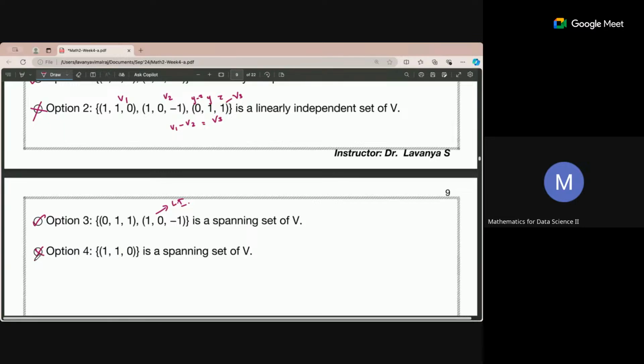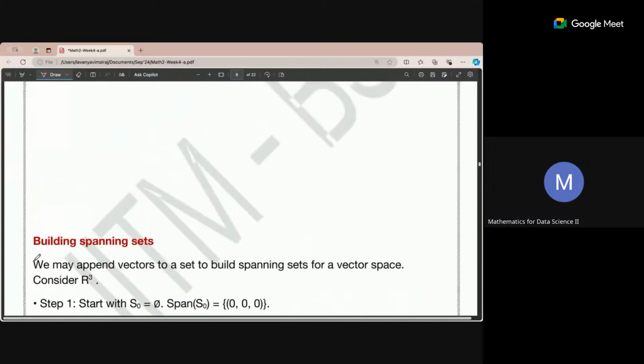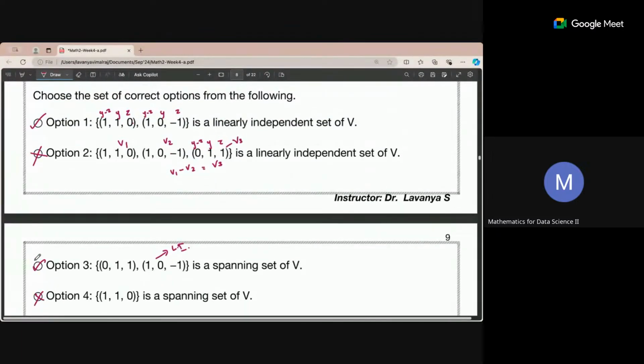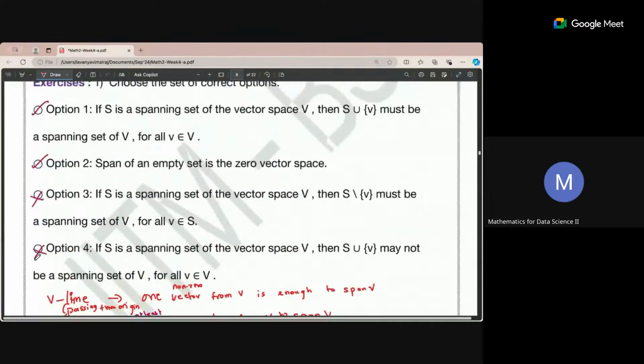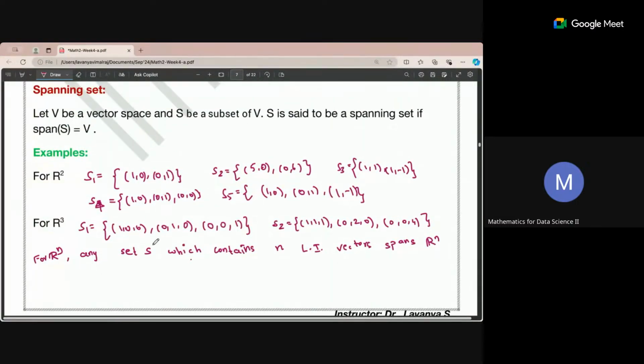Okay, fine. So we have seen that if you are given a set, you can check whether it is spanning the set V or not. Now suppose you are generally given a V and you are asked to find a spanning set for V. For R2 and R3, you have seen some examples of spanning sets.